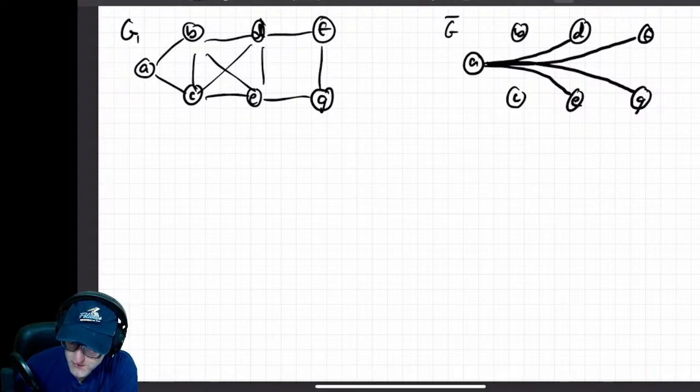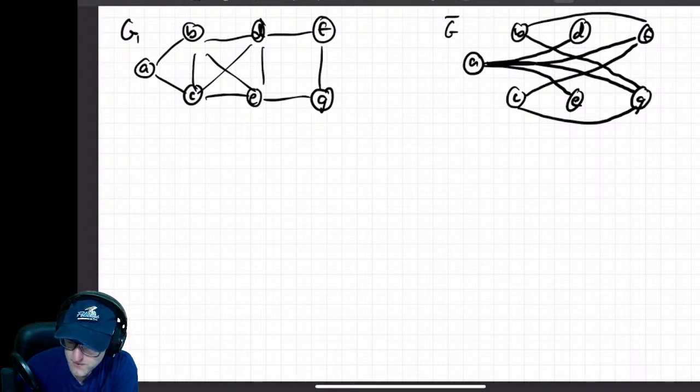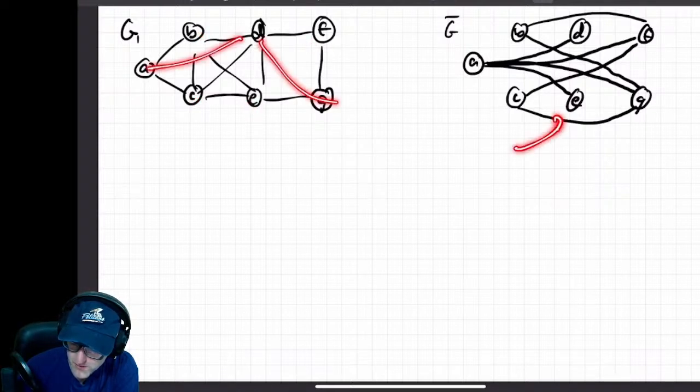B is connected to A, C, D, and E, so B will end up being connected to F and G, and it's kind of symmetric intentionally, so I'll do the same thing for C. D is connected to B, C, E, and F, so we would connect it to A and G, but we already connected it to A.